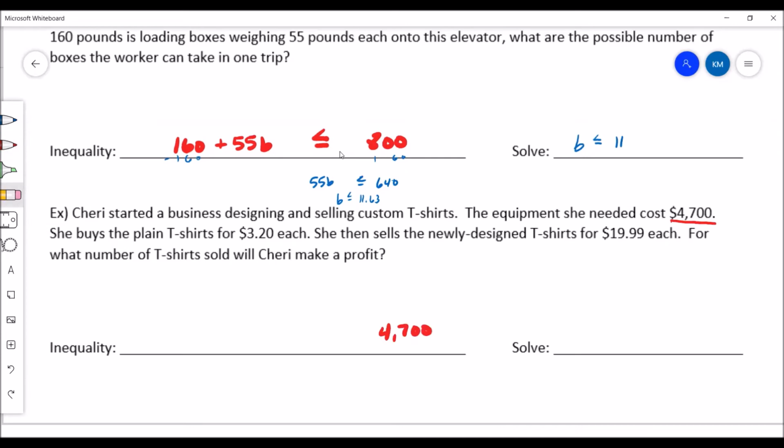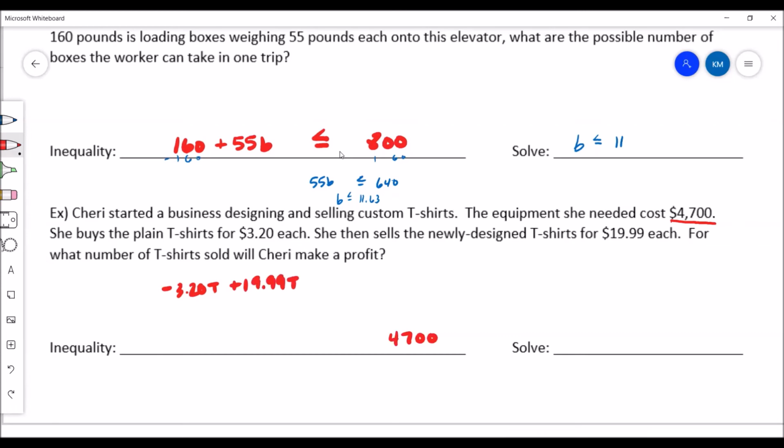Let me write the whole thing over so I don't confuse it with something else later. She's going to need to make $4,700 in order to make a profit. Okay, so her t-shirts, she buys them for $3.20 per t-shirt, buys them as a negative, and she sells them for $19.99 per t-shirt.